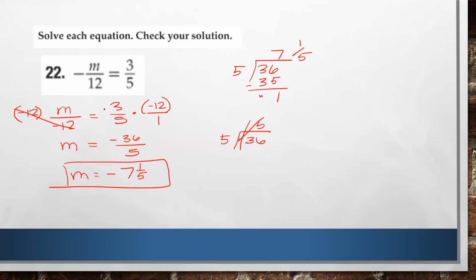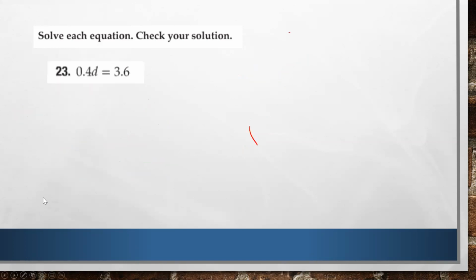Okay. All right. Now let's look at number 23. So here, d is being multiplied by 4/10. So we're going to do the inverse, and we're going to divide both sides of our equation by 4/10. So we have to see how many times 4/10 goes into 3 6/10. So we have to move our decimal point over to the right.